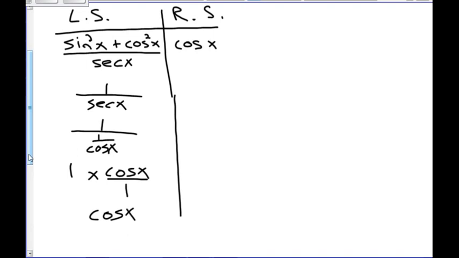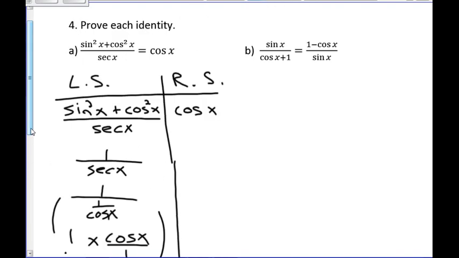So by the time we're done, we get cos x equals cos x. Now, if you didn't show all those little steps, that's probably okay. We know that 1 over secant x is cos x. But you do need to show that sine squared plus cos squared becomes 1.